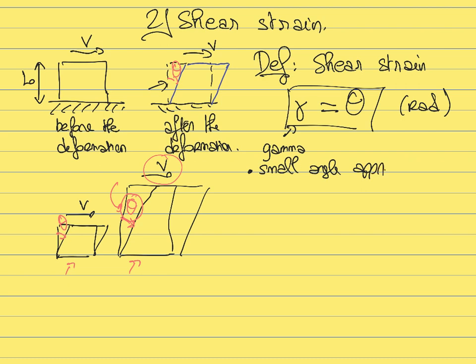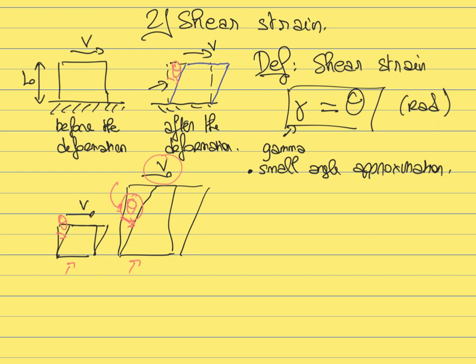The small angle approximation means that we are going to assume that because the load that is applied on this beam is not very intense, or because this beam is very stiff, the deformation that this beam is going to undergo is going to be small. So it's going to be reasonably small. And if this deformation is very small, then we can make some approximation.